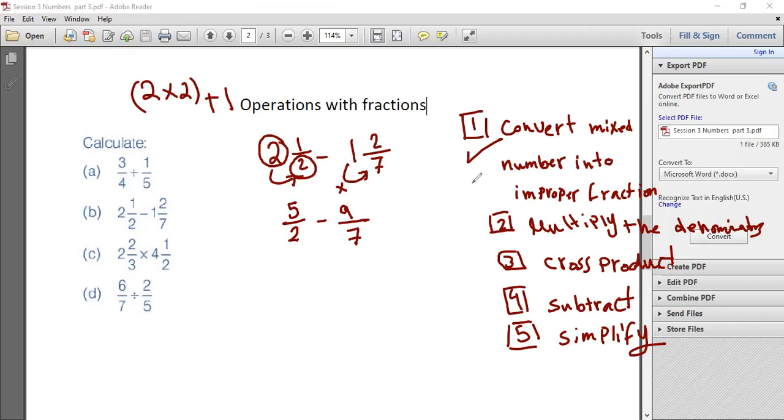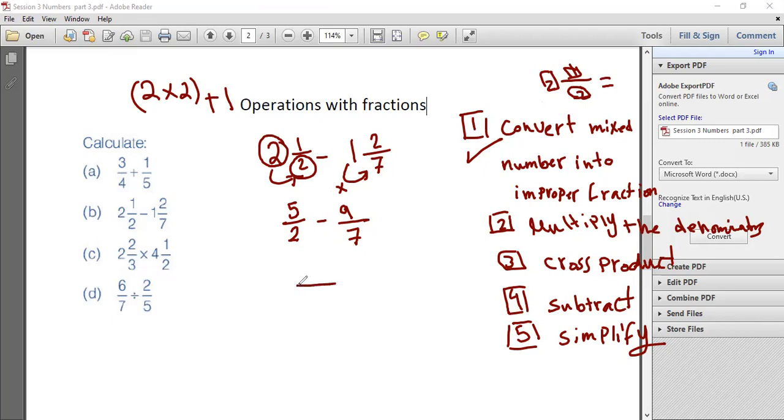Or you can use the calculator, press this button, okay? And you write here 2, you write here 1, you write here 2, and then press equal, it will be 5 over 2. Okay?